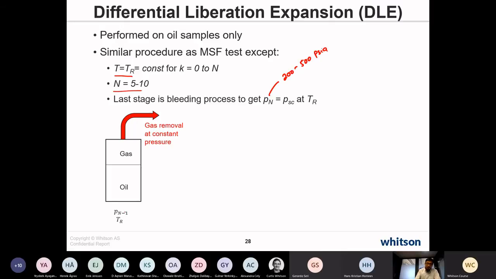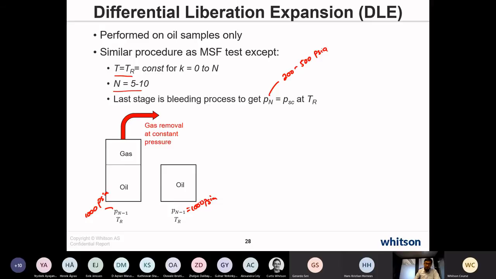So you have this Pn-1 pressure stage, which will be, for example, let's say 1000 psi, and you have the reservoir temperature. We will have two equilibrium phases, oil and gas, at that pressure. Then you remove the entire gas phase volume at constant pressure, and you end up getting this oil again at 1000 psi, for example.